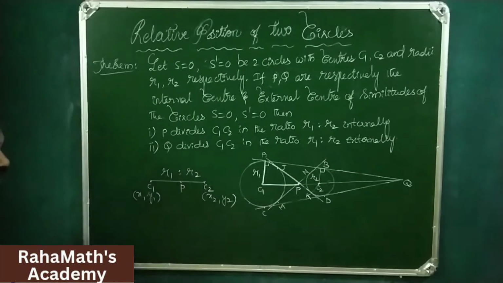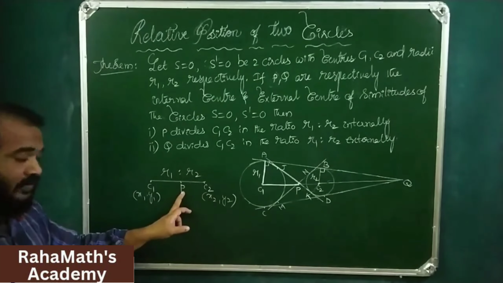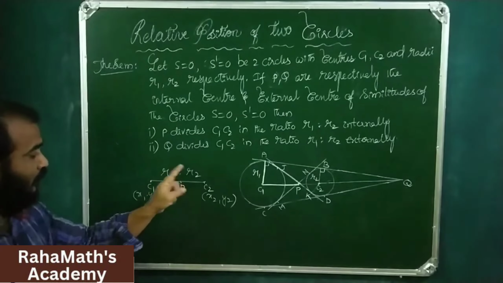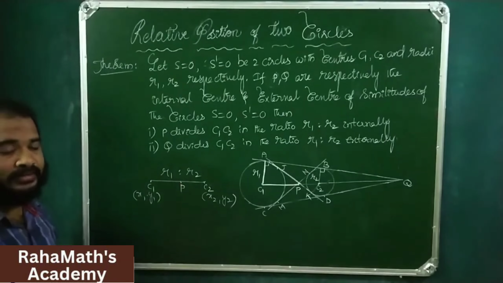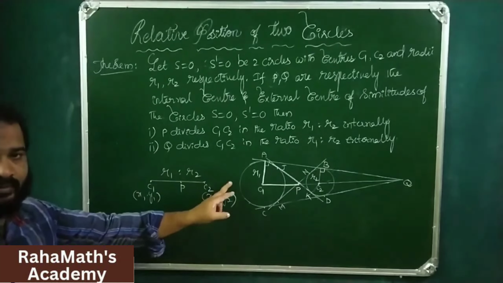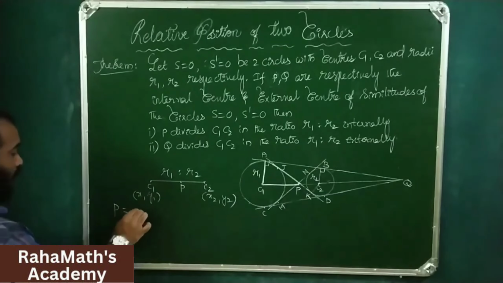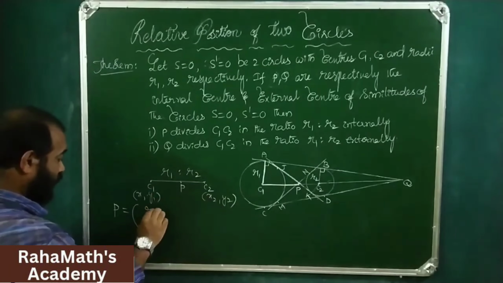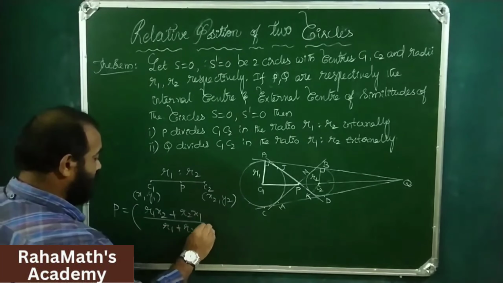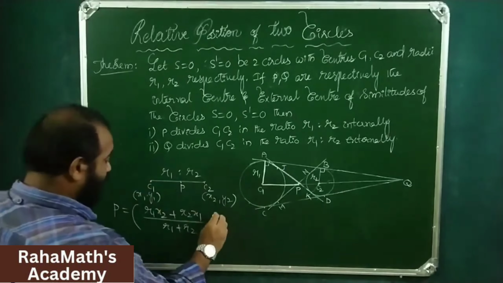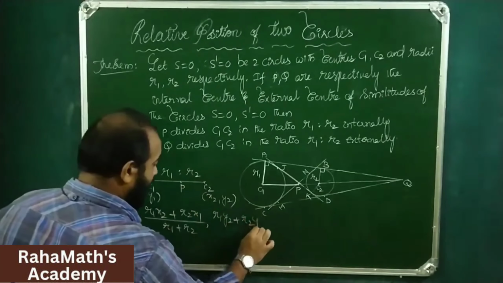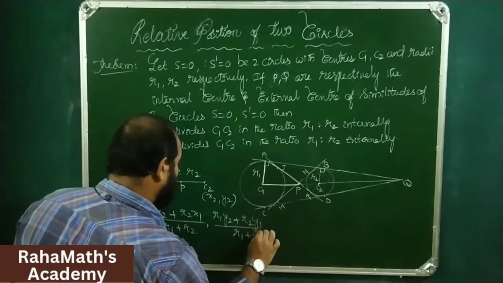First year we have learnt that if P divides AB in the ratio L is to M, then P is (Lx2 plus Mx1 by L plus M, Ly2 plus My1 by L plus M). So this P is equal to (R1x2 plus R2x1 by R1 plus R2, R1y2 plus R2y1 by R1 plus R2).